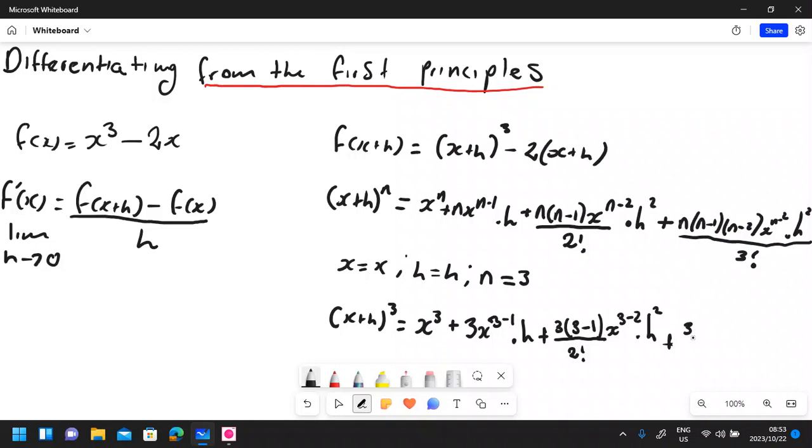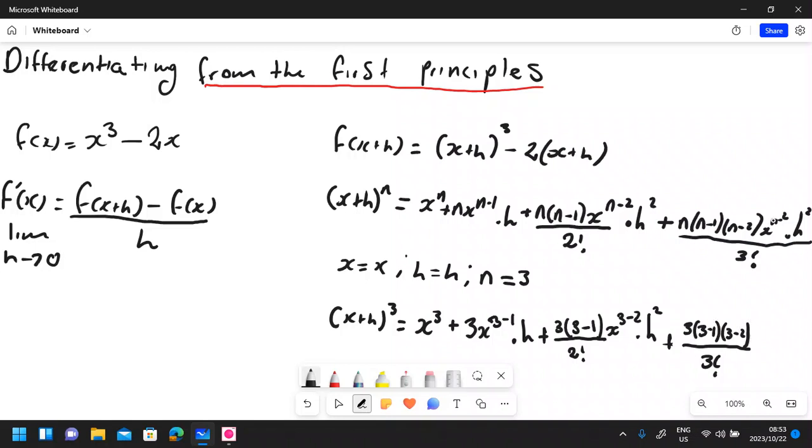Our n is 3, and then open bracket, n minus 1, which is going to be 3 minus 1, and then another open bracket, which is n minus 2, which is going to be 3 minus 2, and then we say this is factorial what? 3, or 3 factorial. Guys, this is also, you put in a calculator to get the right answer there.